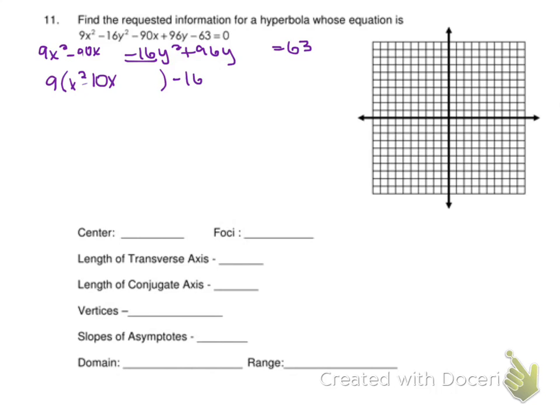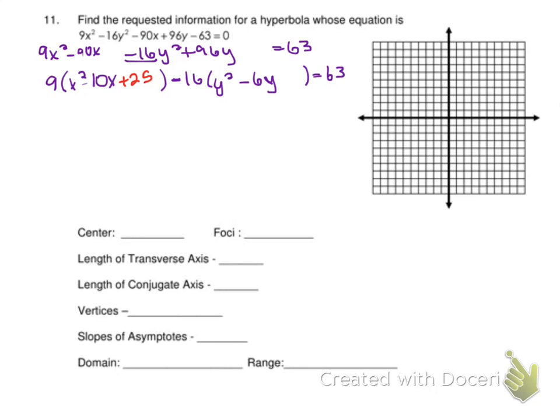So that gives y squared minus 6y equals 63. Okay, so hopefully you're with me so far. So I grouped the x's, grouped the y's, and then I factored out. And I factored out a negative 16 because I know this is going to be a hyperbola, it's going to be negative.